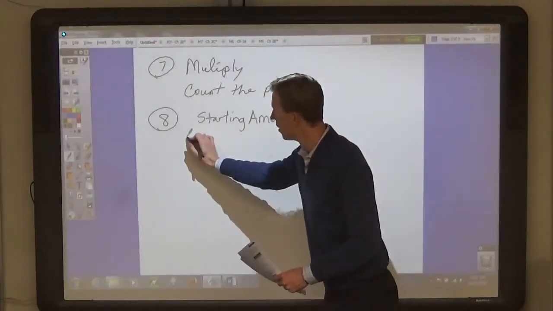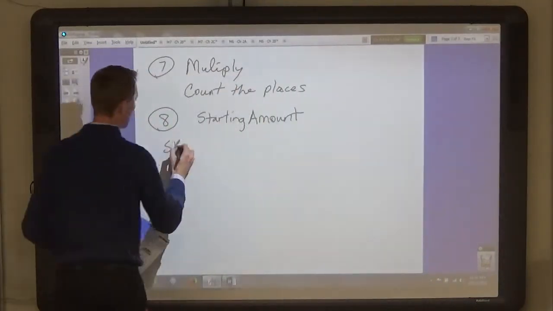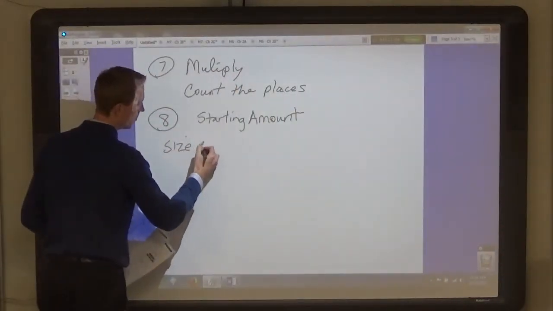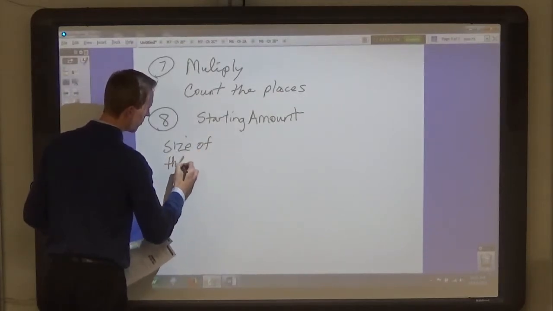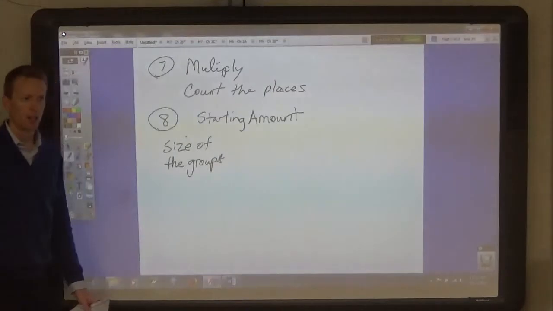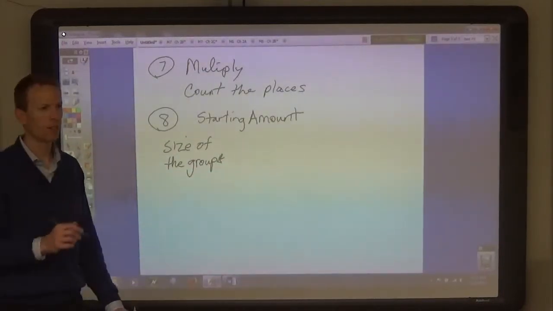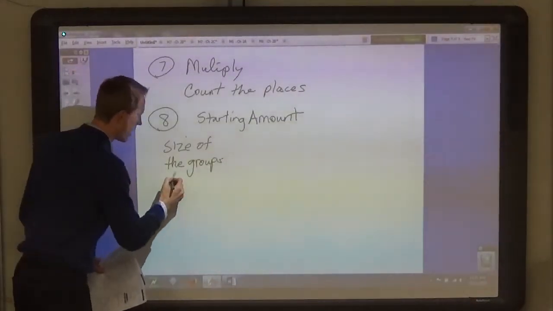Then the amount underneath it, the size of the groups, what is the size of the groups? What part of the problem is the size of the groups? The divisor, the dividend, or the quotient? The divisor, right, that's the divisor.